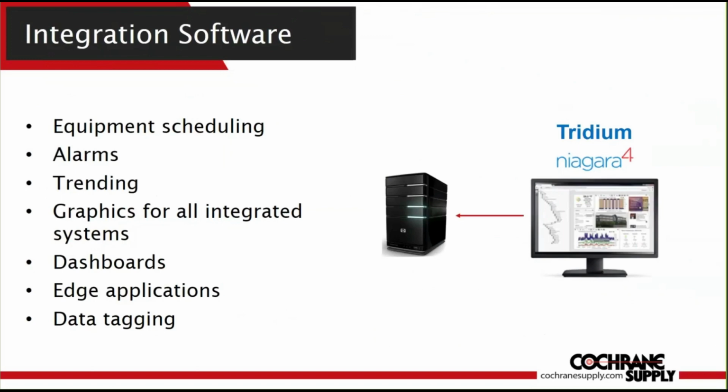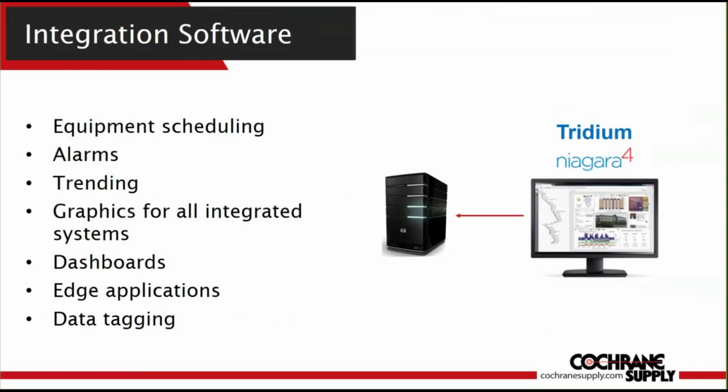So let's talk about the software briefly. The software is Tritium's Niagara 4. This is where you're going to integrate all of your OT, right? So once you integrate all these systems, you develop your graphics, right? So that everything looks the same, whether we're talking HVAC, lighting, fire alarm systems, elevators and escalators, energy, whatever it is, your systems integrator or master systems integrator is going to use this integration software to integrate all this operational technology into one platform.